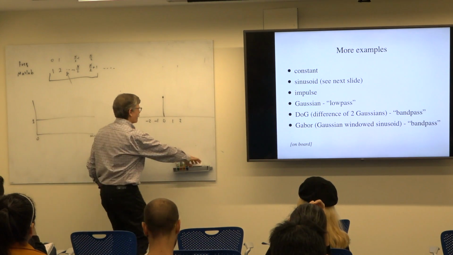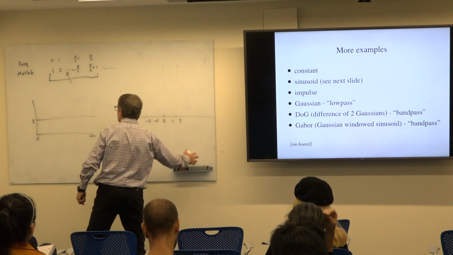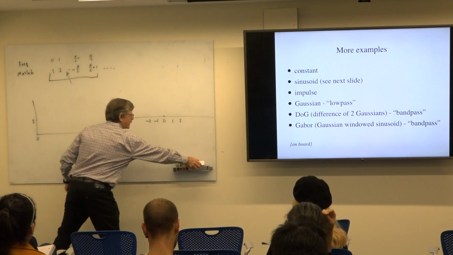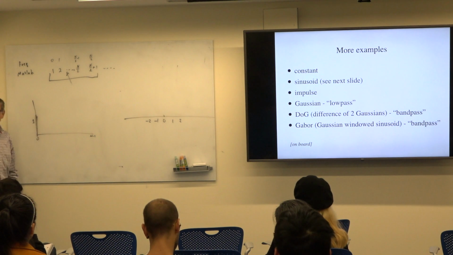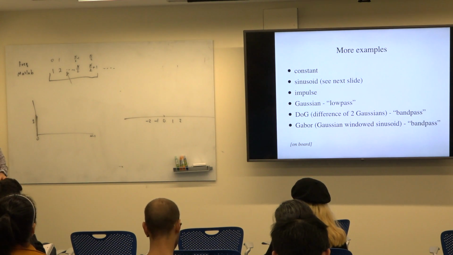Let's do the opposite. Let's put a spike. So my input is now going to be a spike. And I'll put it at the origin, just to make life simple. Okay? We are going to dot product that with cosines and sines.